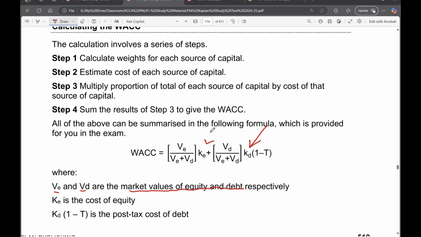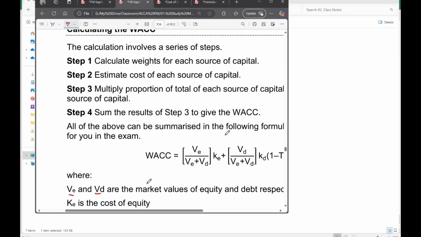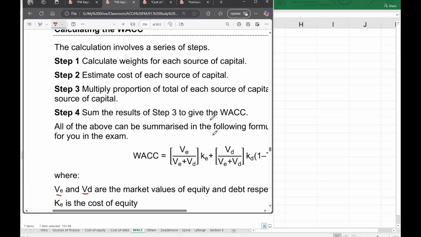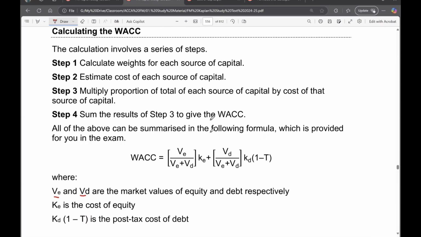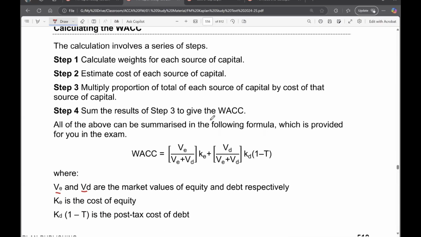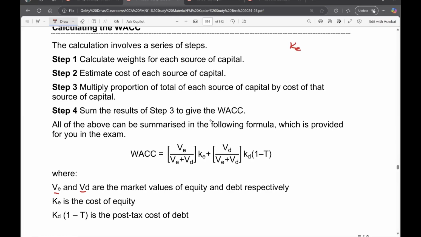What it basically means, let me try to explain logically. Suppose we find the cost of equity already, and our cost of equity is 10%.